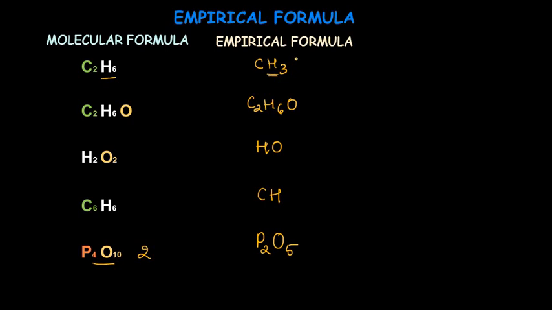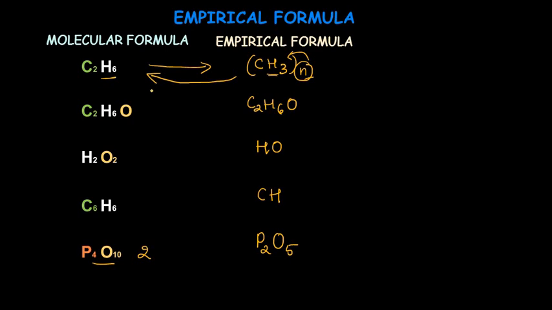Now, in short, we can write that we are multiplying the empirical formula with some number, say n, to get the molecular formula. So, in short, we can get empirical formula from molecular formula, and from empirical formula, we can get back the molecular formula if we can find this common number n which can be multiplied by empirical formula to get the molecular formula.